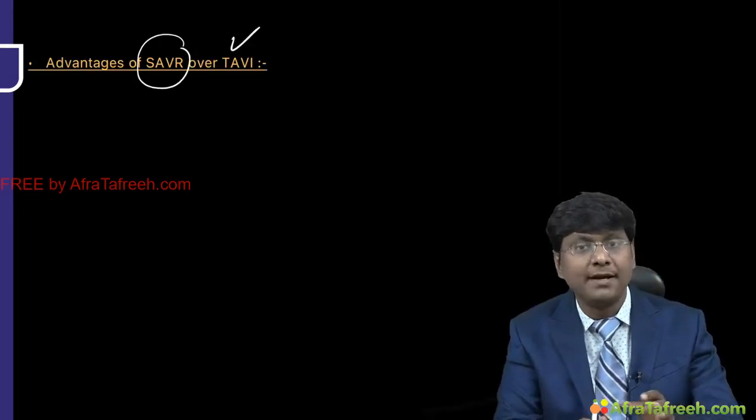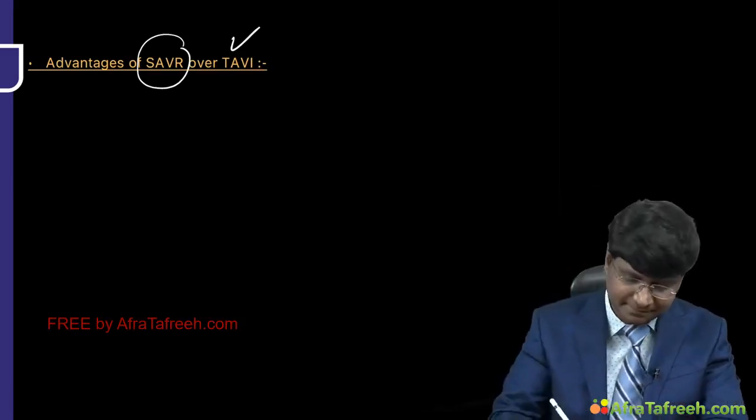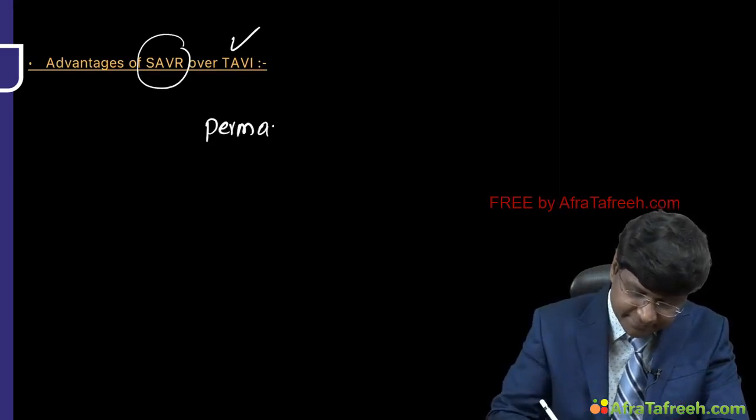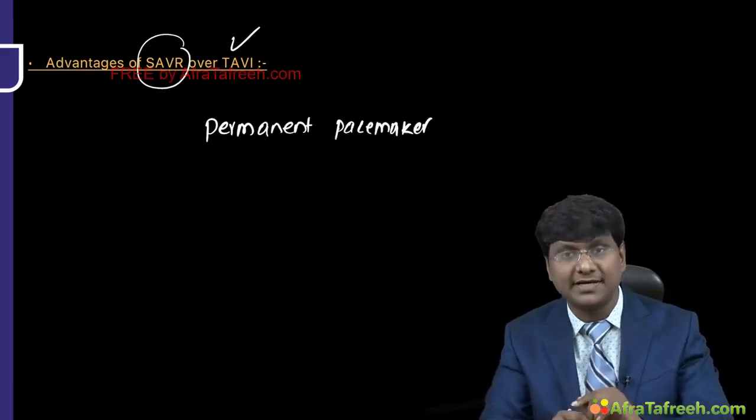Then even surgical aortic valve replacement has a few advantages over the TAVI. What are those? Remember, the requirement of a permanent pacemaker is less with surgical aortic valve replacement compared to TAVI.